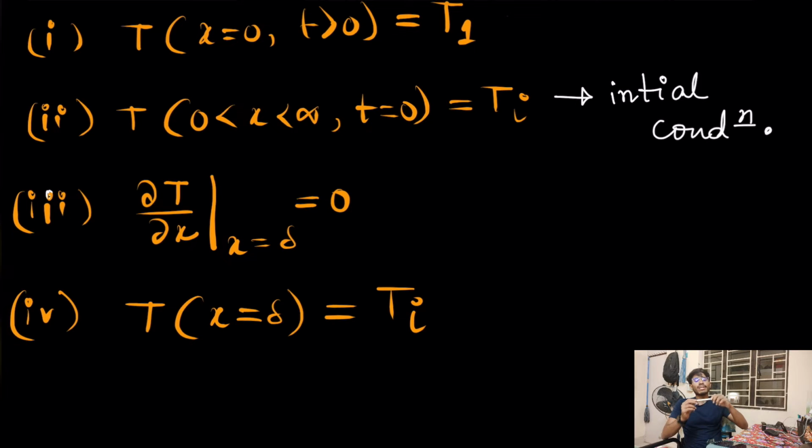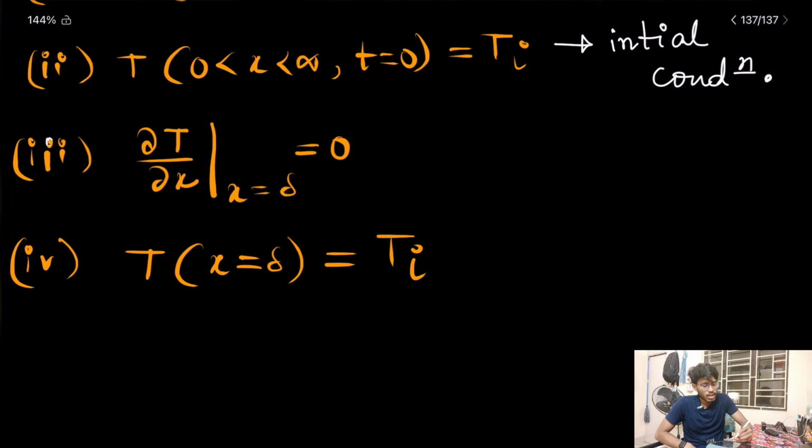So at any point if the heat has propagated only up to this much, then this remaining portion will be at the ambient condition, right? So that we can say. I should write this, but as I only want to know x equal to delta, T at x equal to delta will be Ti.